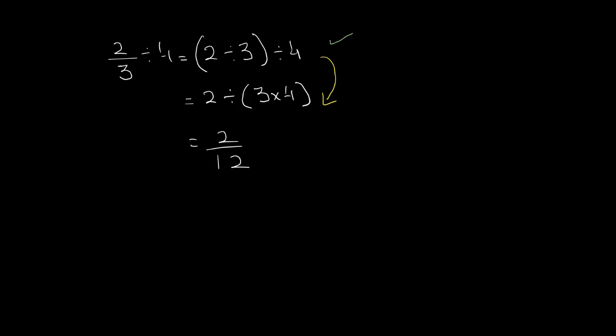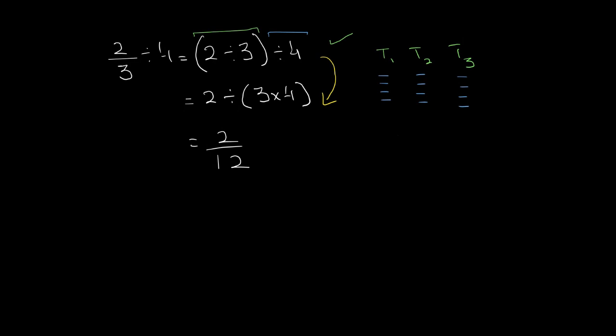You take the chocolate bars and divide them into team 1, team 2, and team 3, and then each team actually has 4 players: 1, 2, 3, 4, 1, 2, 3, 4, 1, 2, 3, 4. So you first divide 2 by 3 to give to the teams, and then you divide by 4 to give to each child, and that's how much each child gets.